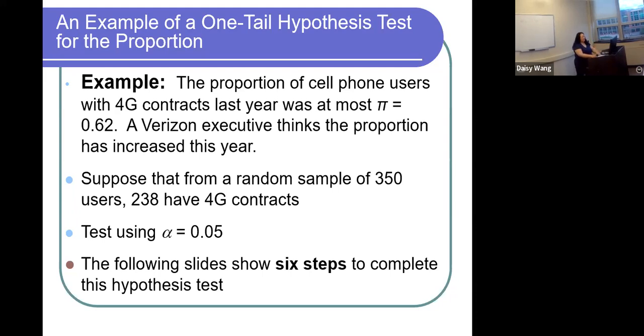So one example is, so this is an example. 238 divided by, that's our P. And then from the deviation will be that.